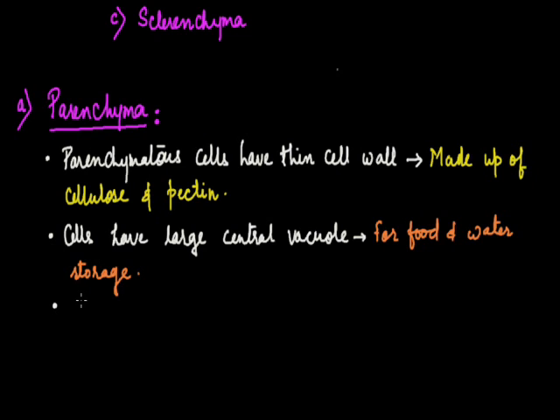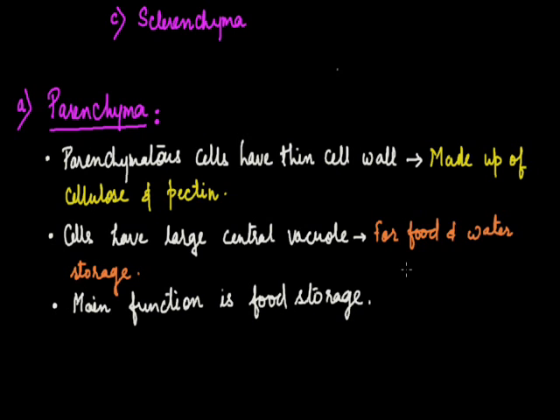So the parenchymatous cells, besides providing support, have food storage as their main function. The supporting function is a secondary role, or we can say its participation in supporting the plant is very little. Its main function is food storage.